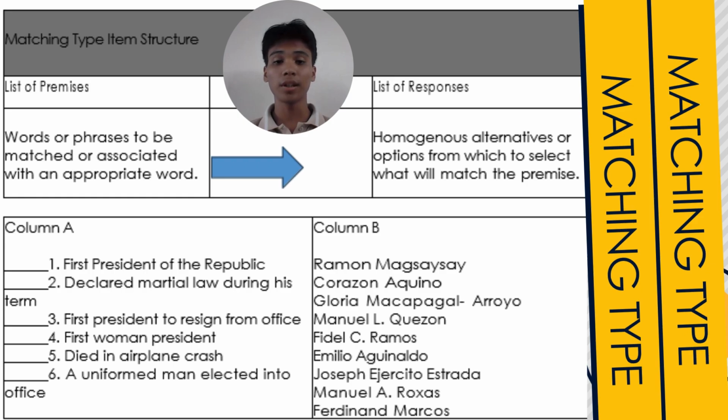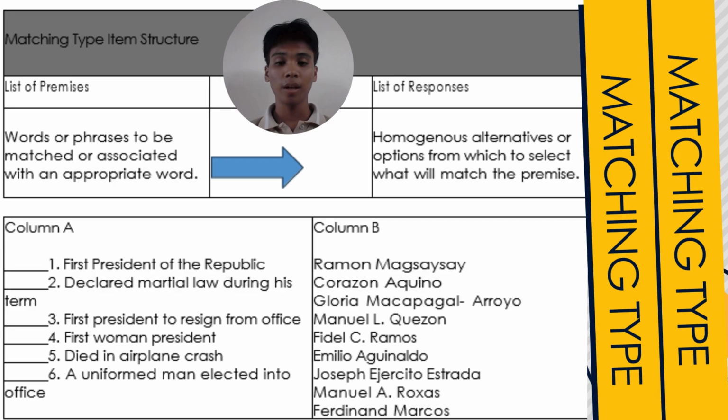Here in column B, you pick from the given answers and match them to column A. And here, the guideline is that the list of responses should be more than the list of premises, in order to give challenge to the students answering the matching type test.